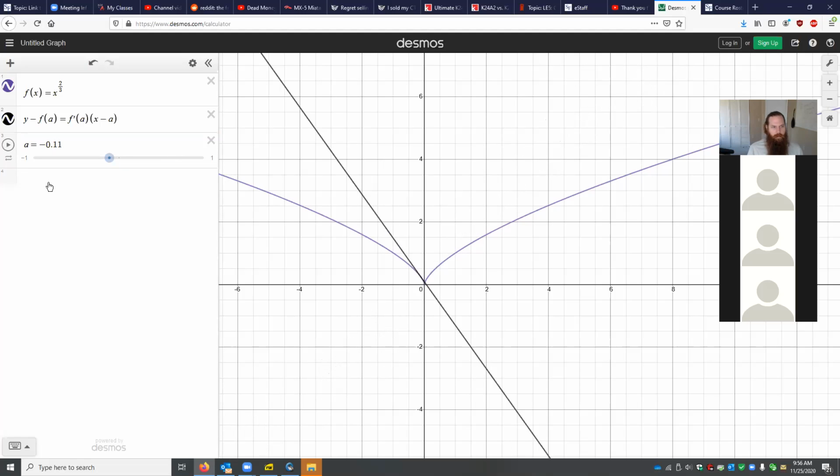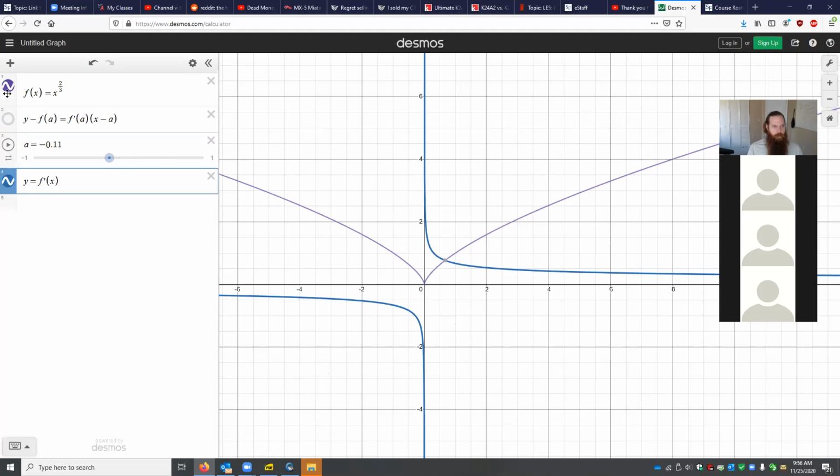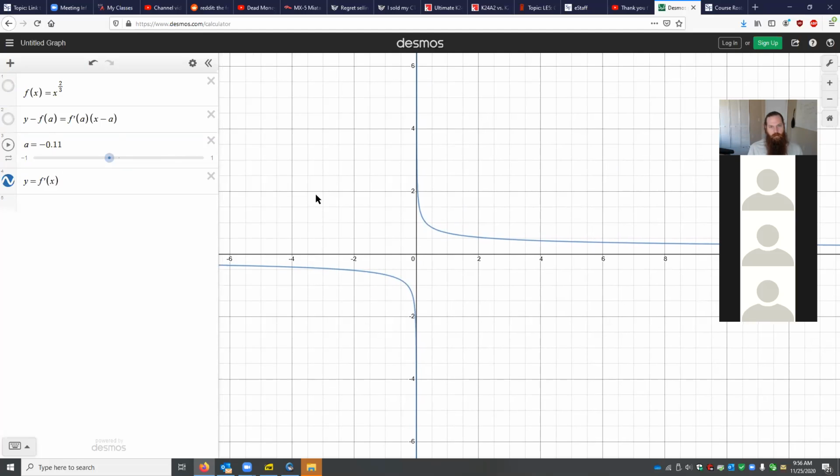So what does that mean? That means that the derivative, which is f prime, is blowing up to infinity. And you see that here, right? Here's the graph of the derivative. As x gets closer and closer to 0, the graph of this derivative is blowing up to positive infinity on one side and negative infinity on the other side.